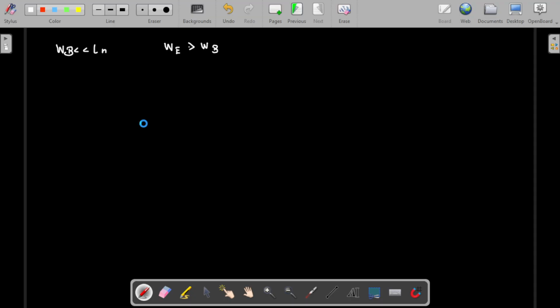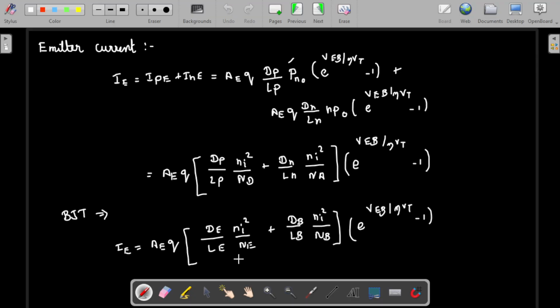As we know, Le can also be written in terms of W, so let me convert this into We, and Lb into Wb. Now we are going to neglect these terms. We will also be smaller, and Wb will also be smaller. Both are small. Even if We is greater than Wb, it will be approximately some micrometers, so the length will be very small.